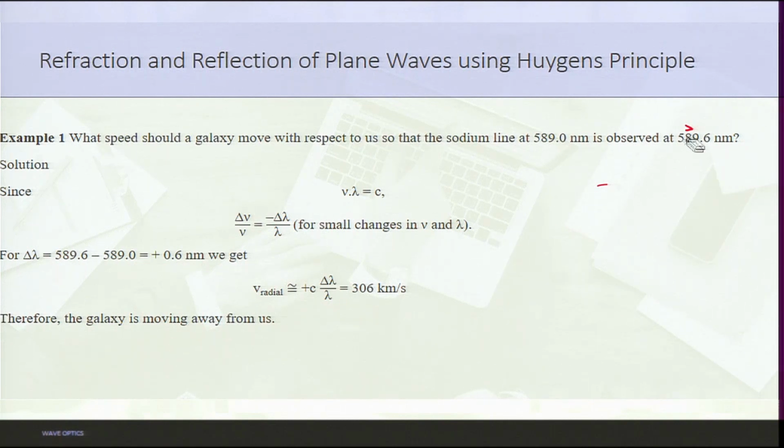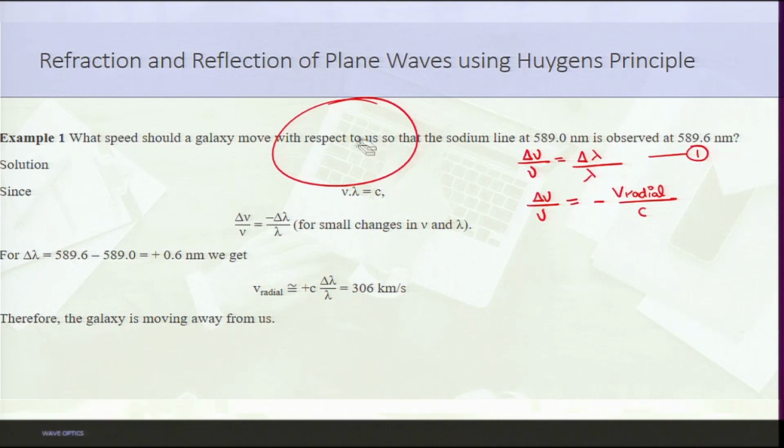Just to write everything clearly, so that everything is visible, this was the mathematical formulation I did. First of all, delta nu by nu is nothing but minus delta lambda by lambda. Let this be equation number 1. Then from the Doppler effect, we understood the concept that delta nu by nu is nothing but minus v radial by c. Please make sure that v radial is the relative velocity of the source with respect to the observer, and that is only what is asked here.